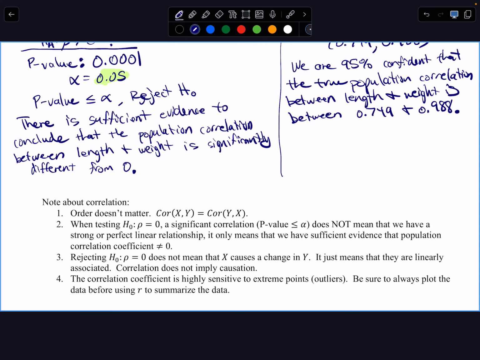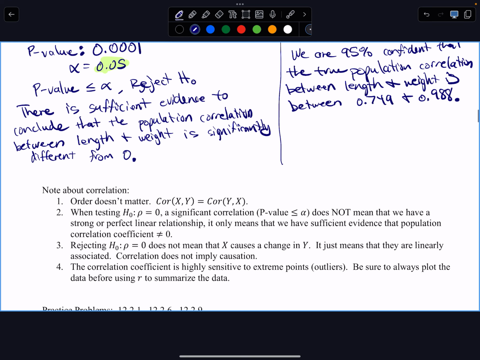Another thing that you may see in research, another error that some people end up writing, is rejecting the null hypothesis does not mean that X causes Y, right? So anytime you take a course and they're talking about correlation, you're probably going to hear this statement here that correlation does not imply causation, right?